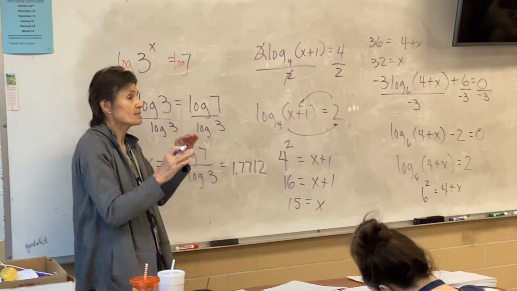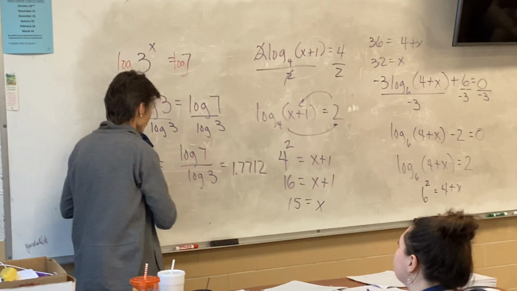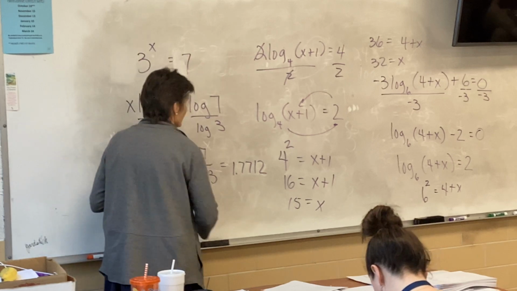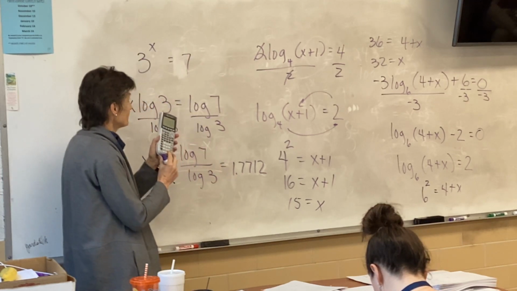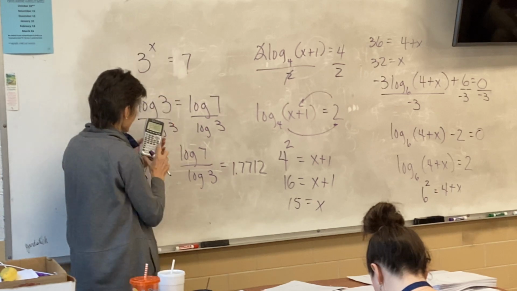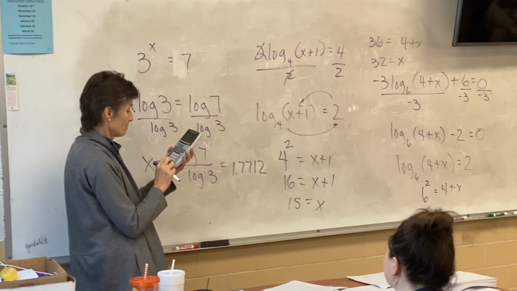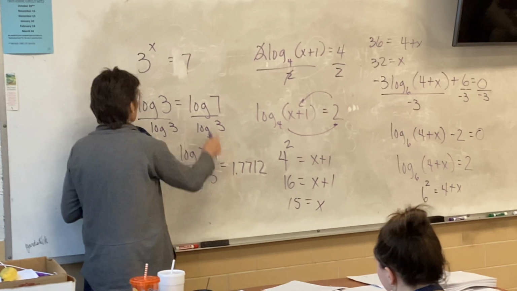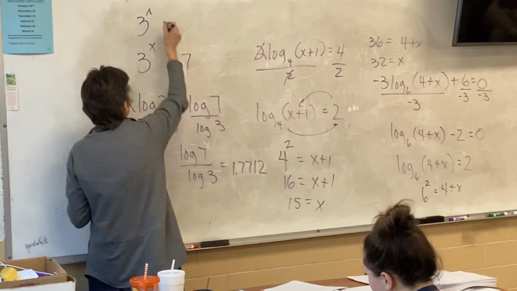Now, just for fun, as a little check here, let's go back to the original problem. This was the original problem. Take 3 and raise it to the 1.7712 power. So type 3 raised to that number.